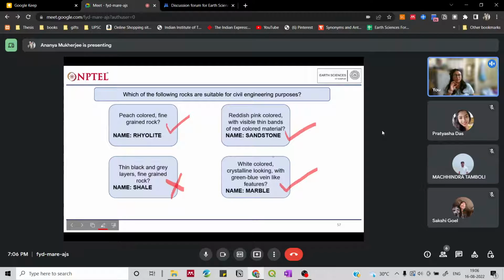And maybe not that well used for your foundation, because marble after all is calcium carbonate in chemical composition. It depends on the conditions where you are building this construction project.